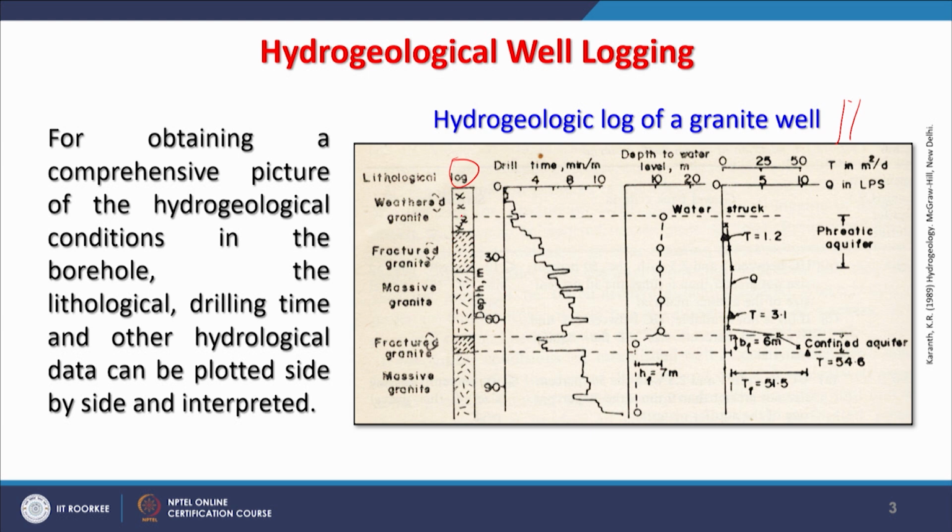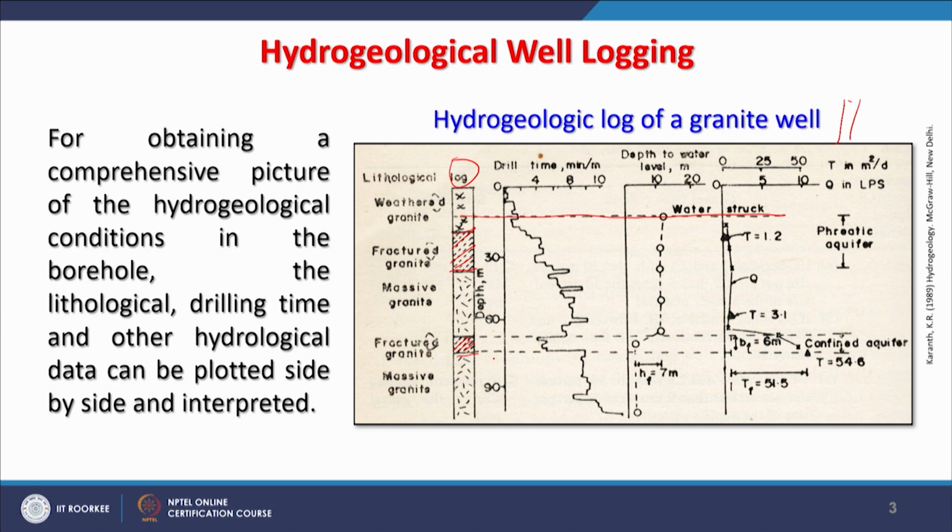Also shown is the depth at which water was struck in this area, which you can call the water level. Then you get fractured granite in this portion, then massive granite, then again fractured granite, and then massive granite.